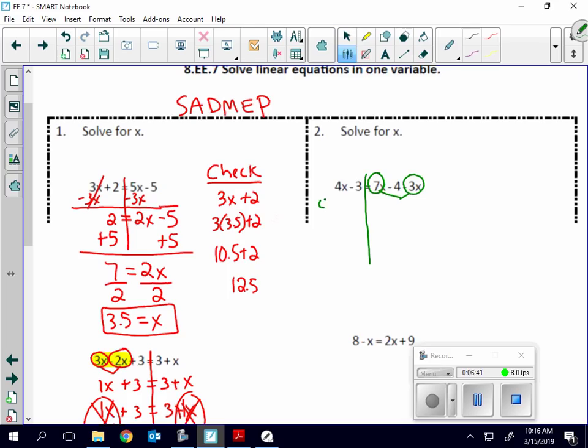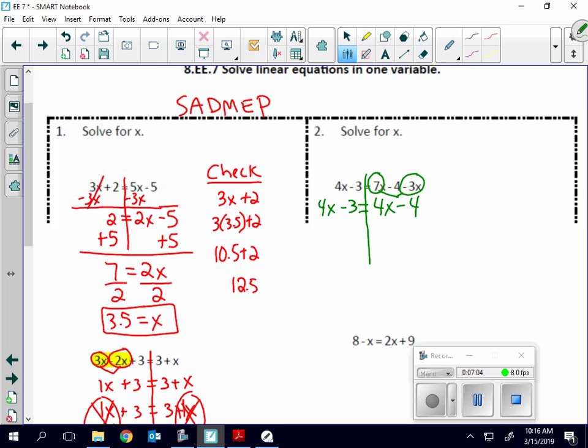We have 4x minus 3 on this side equals, well, 7x minus 3x, yep. Minus 3x. Be careful with your circling so you don't confuse yourself there. This is a 4x. 7 minus 3 is 4. And then we still have a negative 4 there.